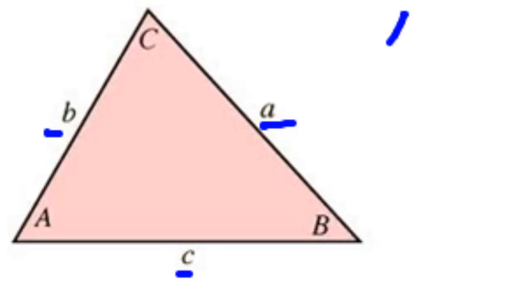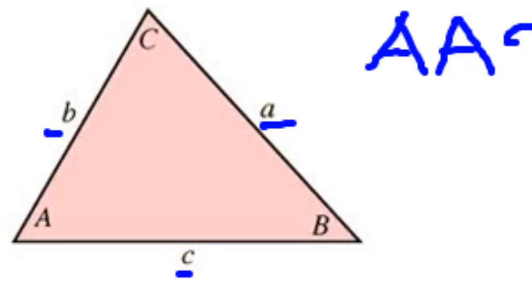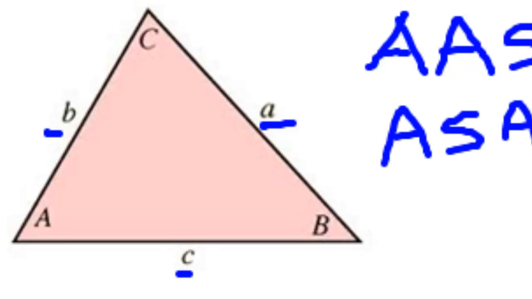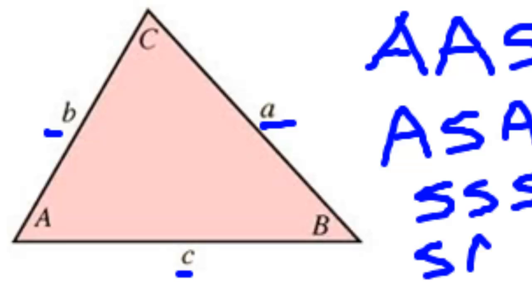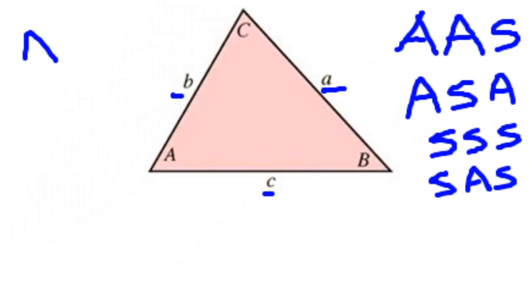A triangle can have its size and shape determined by 3 parts, providing they're the right 3 parts. We can prove a triangle by angle, angle, side. We can use angle, side, angle. We can use side, side, side, and we can use side, angle, side. The other two are angle, angle, angle, and side, side, angle.